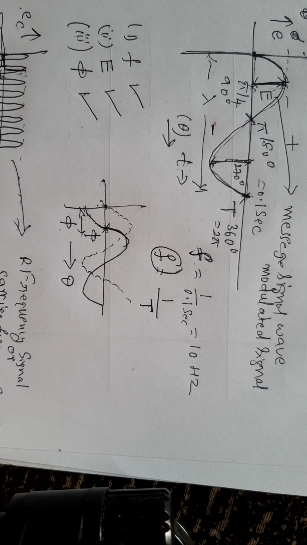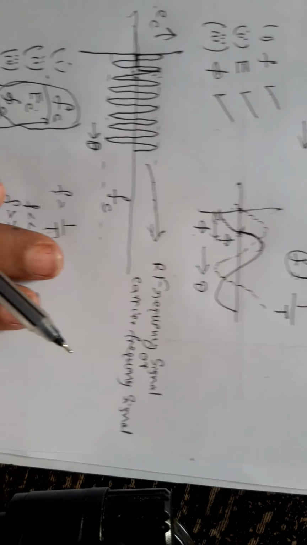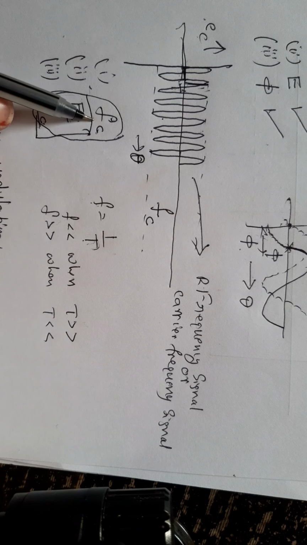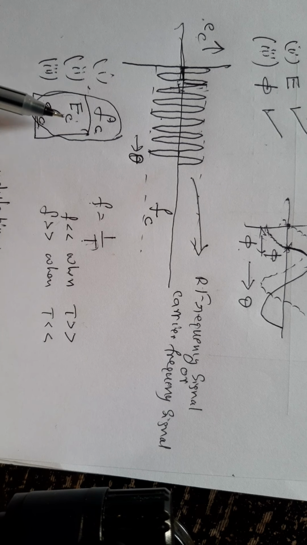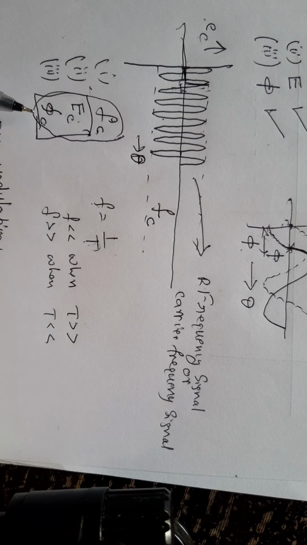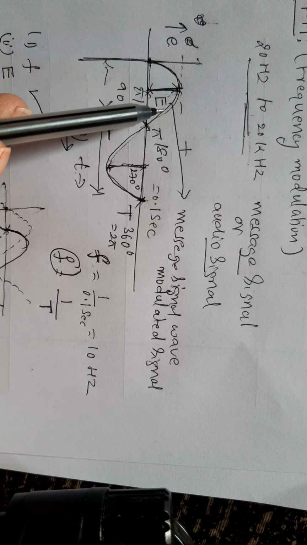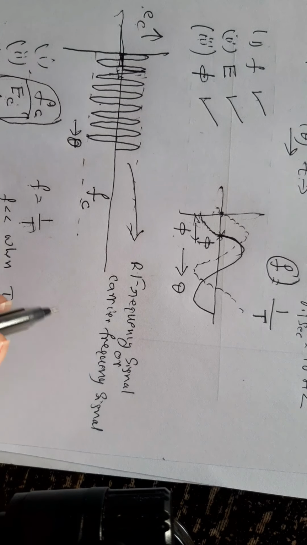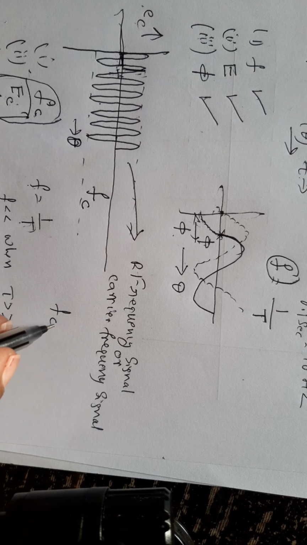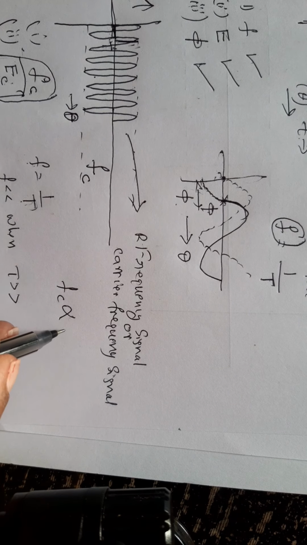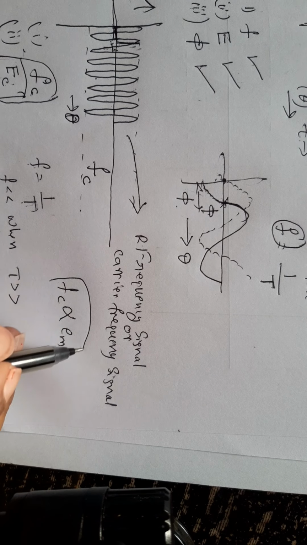So, the definition of frequency modulation is changing the frequency of the carrier wave, keeping carrier amplitude and carrier phase angle constant, in accordance with this modulating signal. Therefore, FC is changed in accordance with EM.